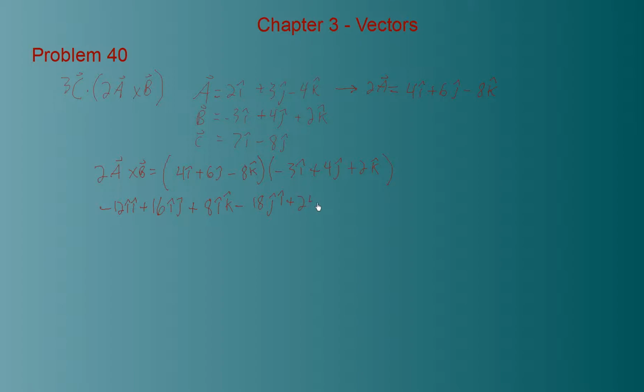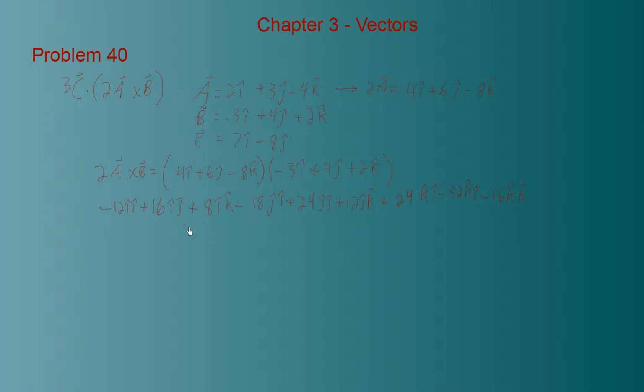Plus 24JJ plus 12JK plus 24, oh yeah, minus times minus, plus 24KI minus 32KJ minus 16KK.